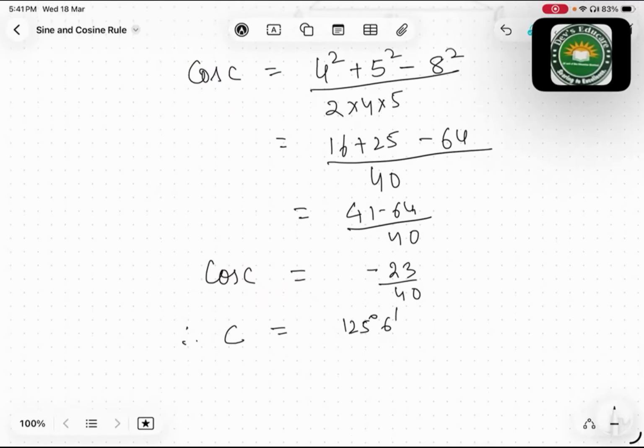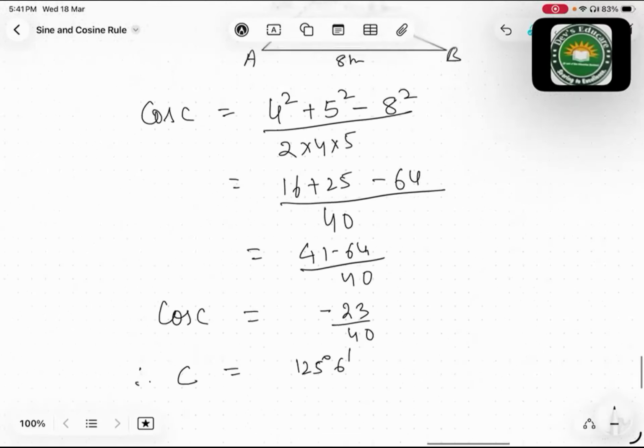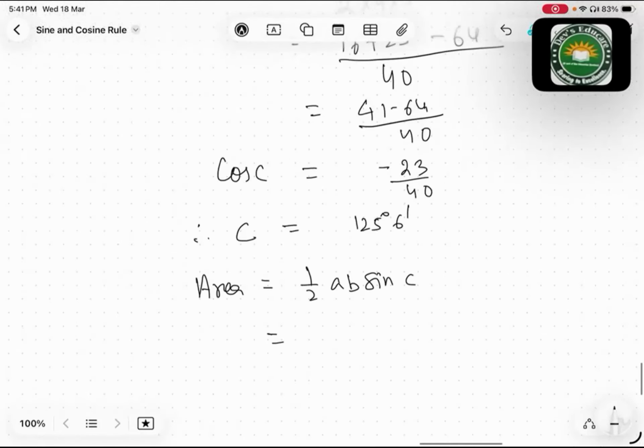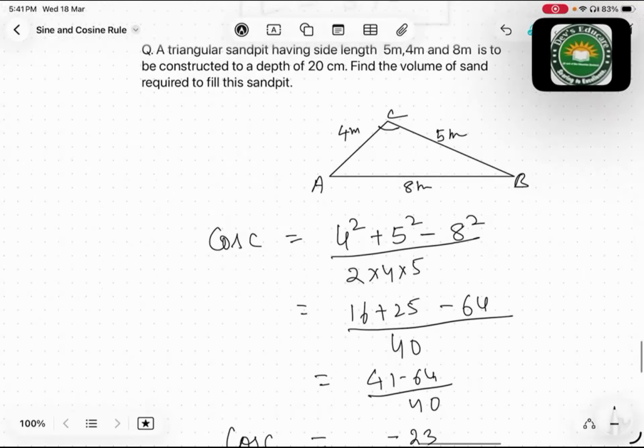Now to find the volume, we first need to find the surface area of the sand. So the area of the triangle will be half AB sine C. So half into 4 into 5, the adjacent sides and including angle we take, right?